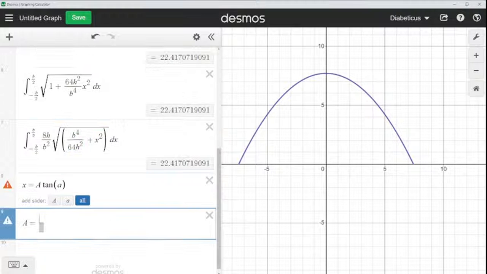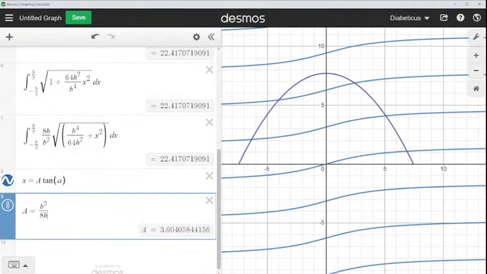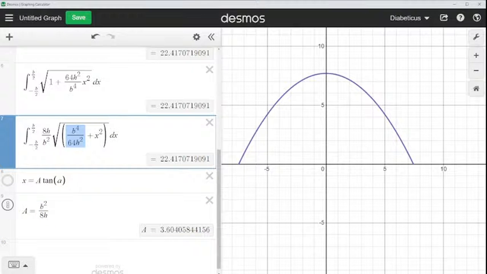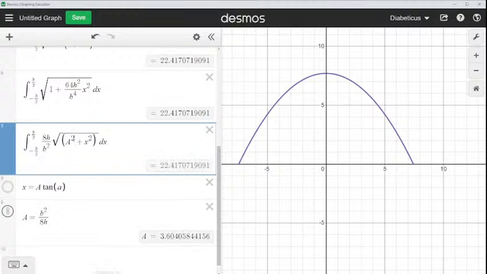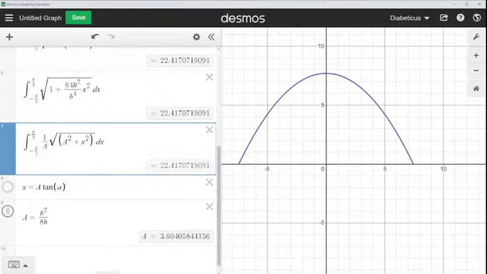So what if I just do this for now? If I replace this with a squared, then this guy is just the reciprocal of a, so number a, right?